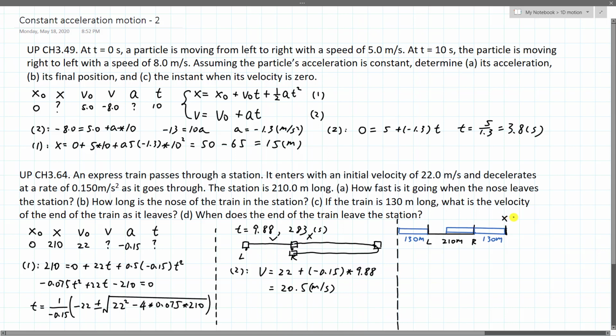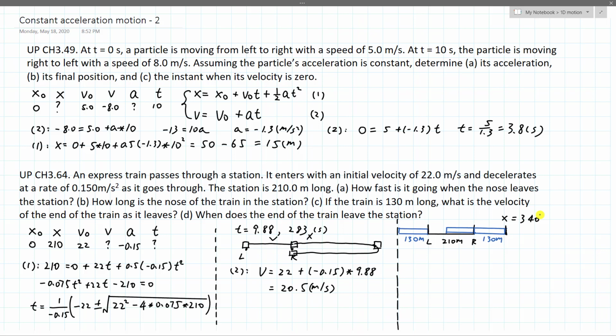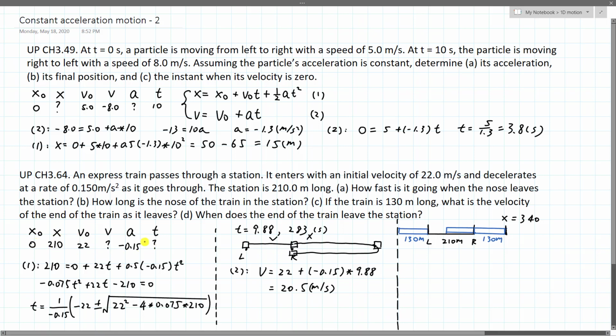This is x final is equal to 340. So that's difficult to find out, but it's not impossible. So we have a different set of final conditions, right? The x has been swapped out to a new quantity. The velocity is still unknown as we keep decelerating, and also the time is still unknown. So we're basically resolving this whole problem with a different x, right?